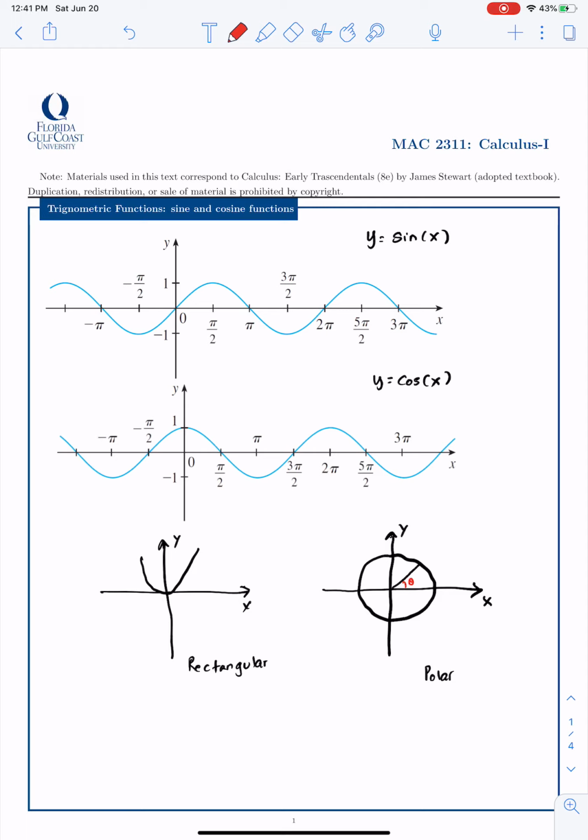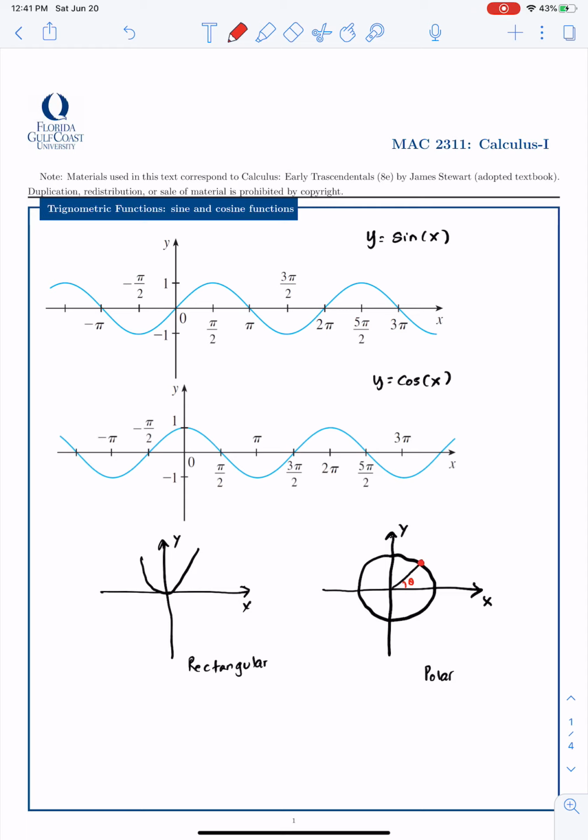So what we're trying to say is that the line that I drew is at an angle of theta from the x-axis. So the point here on the unit circle can be defined using that particular angle.